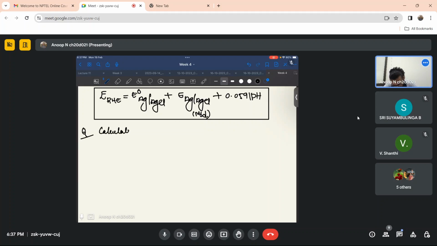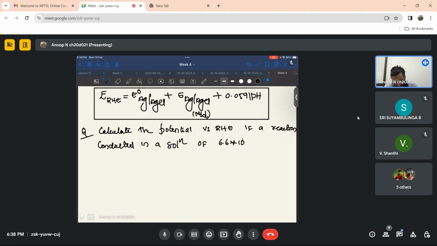Calculate the potential versus RHE if a reaction conducted in a solution of 6.6 into 10 raised to minus 8 molar concentration of OH minus ions records a potential of minus 1.9 volt versus Ag/AgCl.